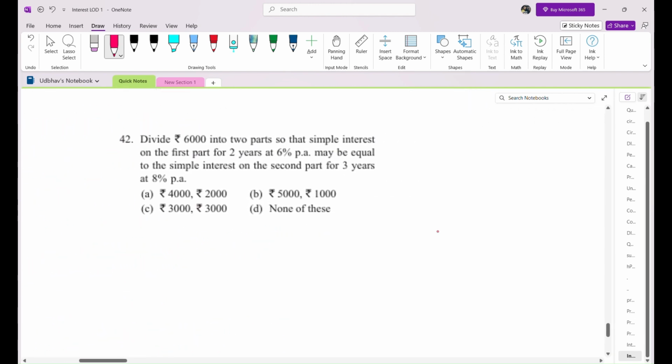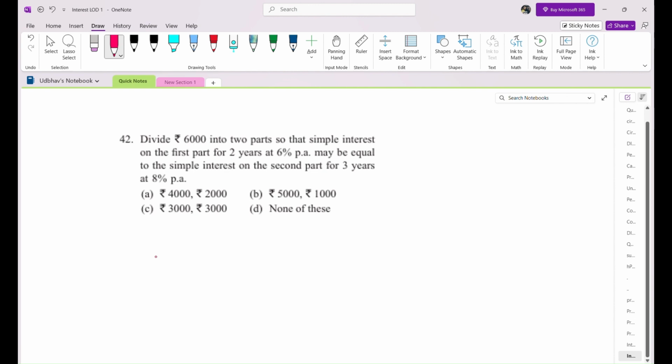Divide 6000 into two parts so that the simple interest in the first part is equal to the simple interest in the second part. Let's say we divide 6000 into x and 6000 minus x.